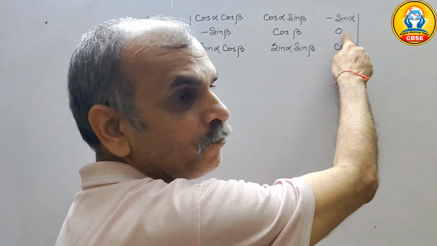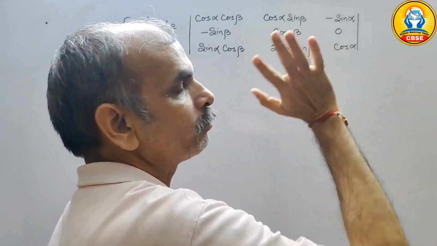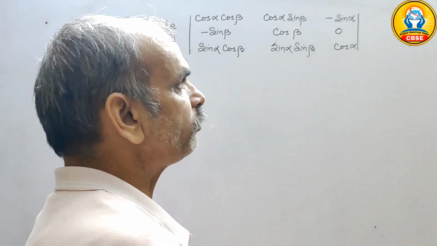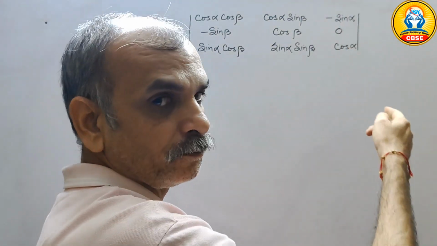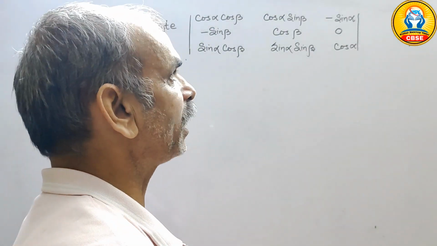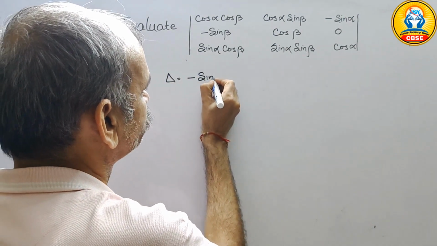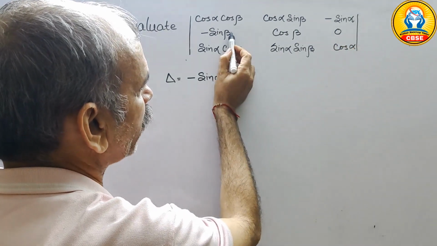Here 0 is there. Either we can take row 2 or column 3. Anything you can take. So just we will go for the column wise. So first is positive, that means we will get minus sin alpha into, now just product this.